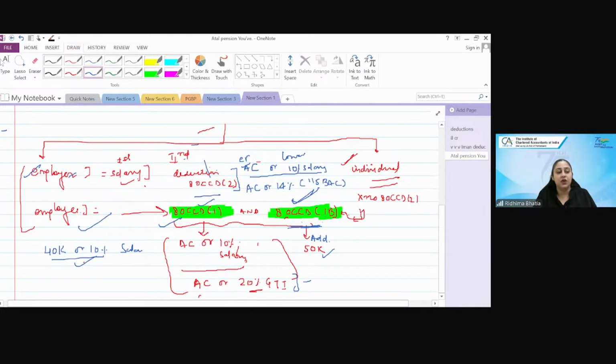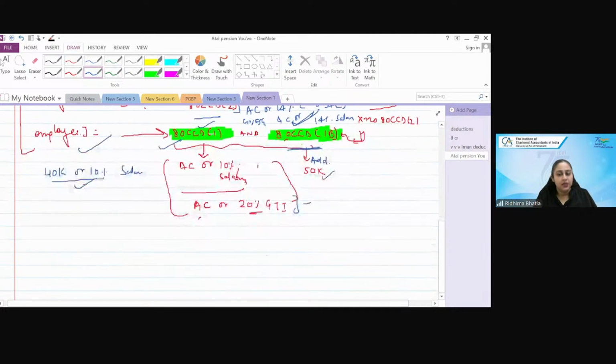This is the first deduction which is allowed for an individual who is claiming the new tax regime. Okay. So now, actual contribution or 10% of salary, then actual contribution or 14% of salary if you are an employee paying tax as per 115BAC. And for central government employees and state government employees, it was always actual contribution or 14% of salary. Now the question is, ma'am, what is this salary which you are referring to?